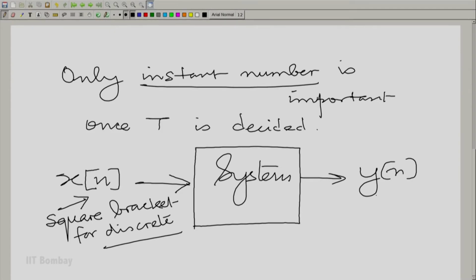So, we have x[n] as the input and y[n] as the output, and we use square brackets to emphasize discreteness. Let us take contrasting examples, one with continuous time, one with discrete time. For continuous time, of course, we have had ample examples based on electrical and mechanical systems. For discrete time, let us take two examples with some variation between them.